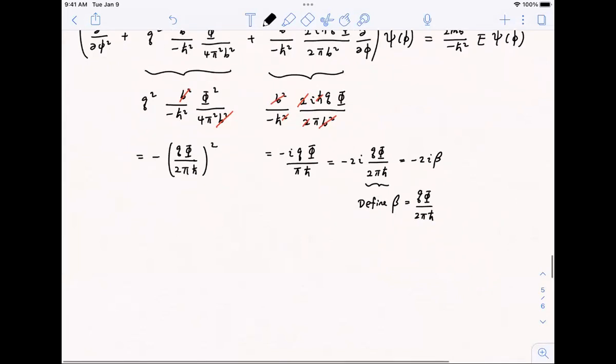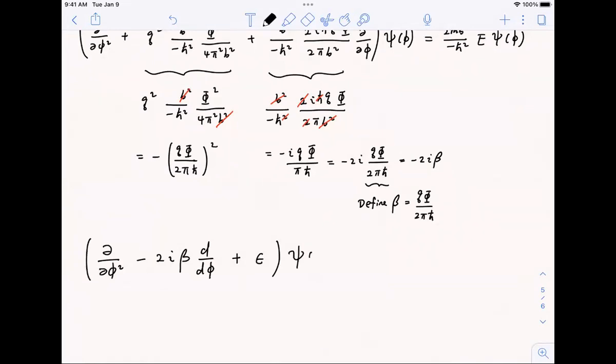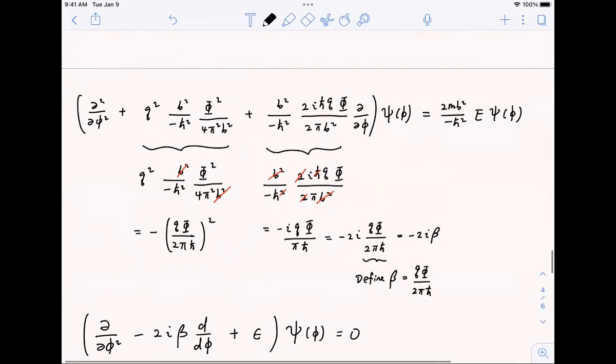So eventually, after you simplify everything, you're going to have this 2i beta and then D and then plus epsilon equal to 0. So this epsilon is what?